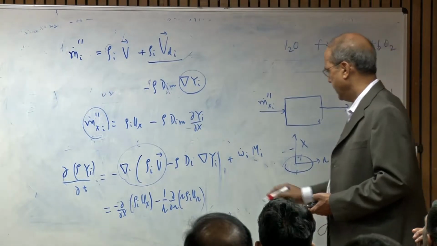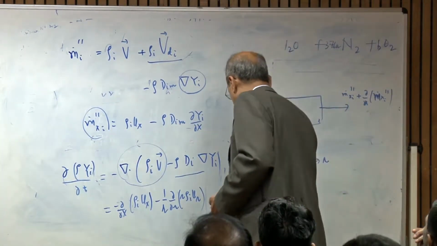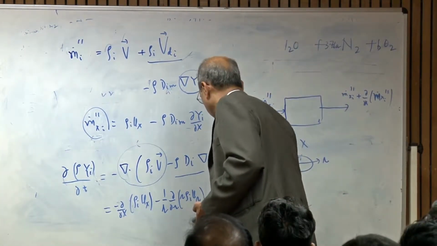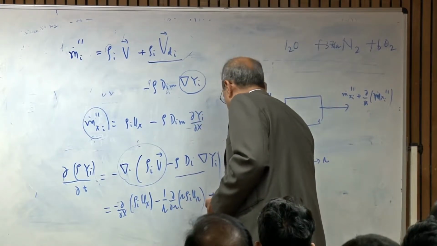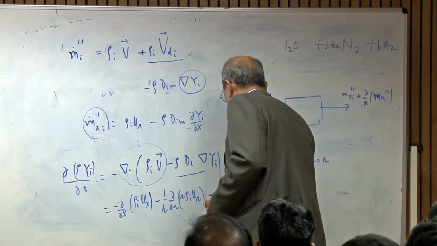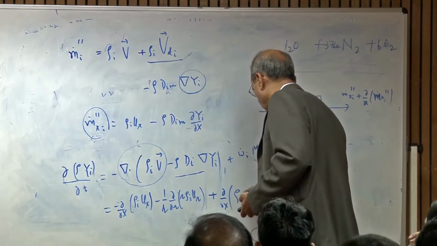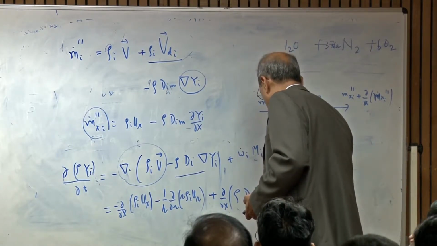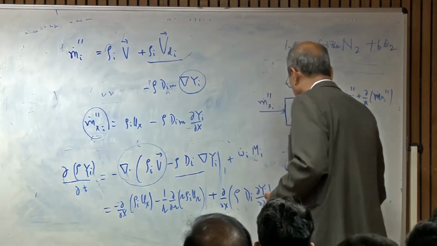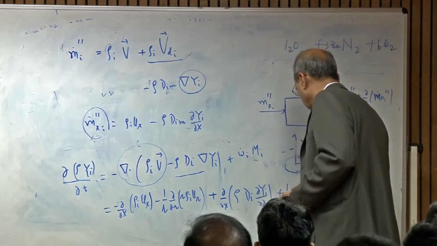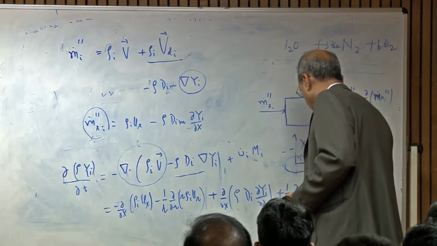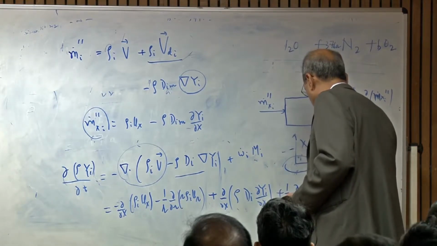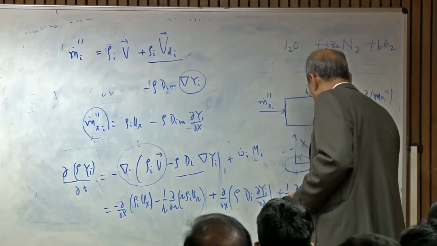Okay. And then the diffusion part. So that will become plus ddx of rho di dyi dx plus 1 over r ddr r rho di dy dr.